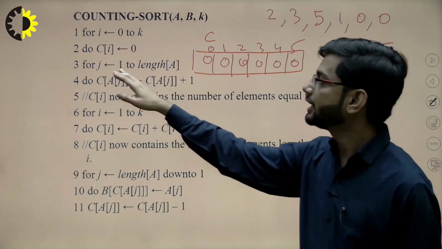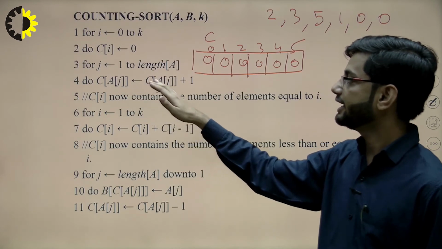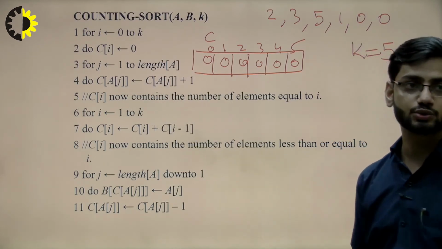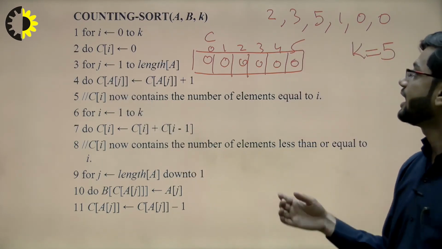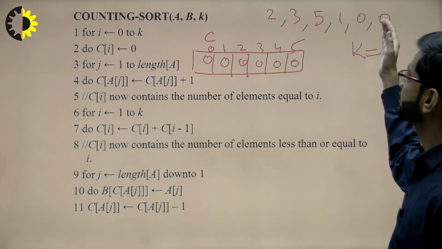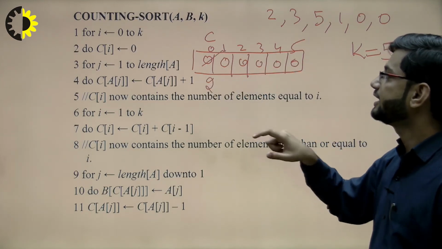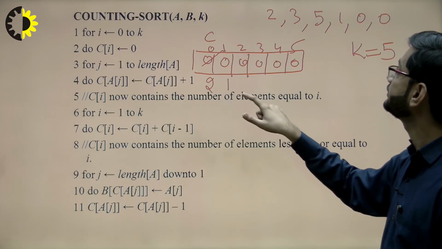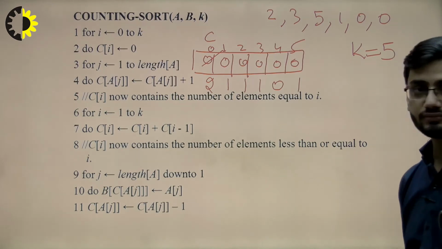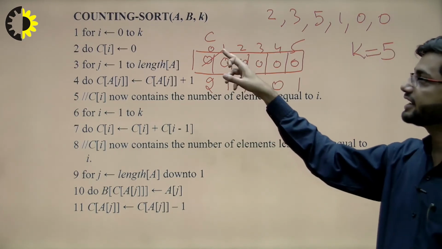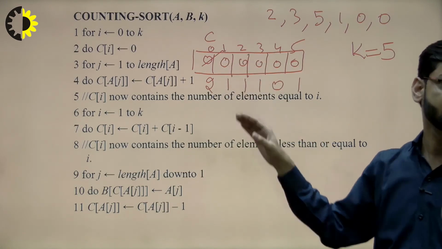Now you will run a loop j from 1 to length of A: C[A[j]] = C[A[j]] + 1. By these two statements, I am storing the frequency of these elements in the C array. If you execute this, the array will be like this: 2, 1, 1, 1, 0, 1. It means the ith index of the array C contains the frequency of that index.